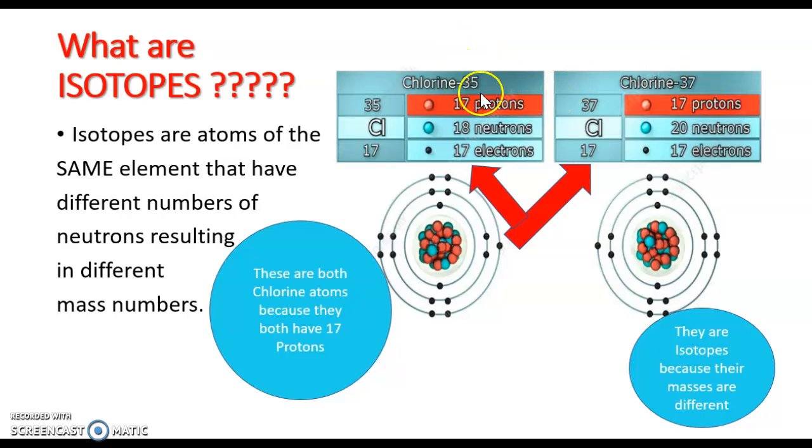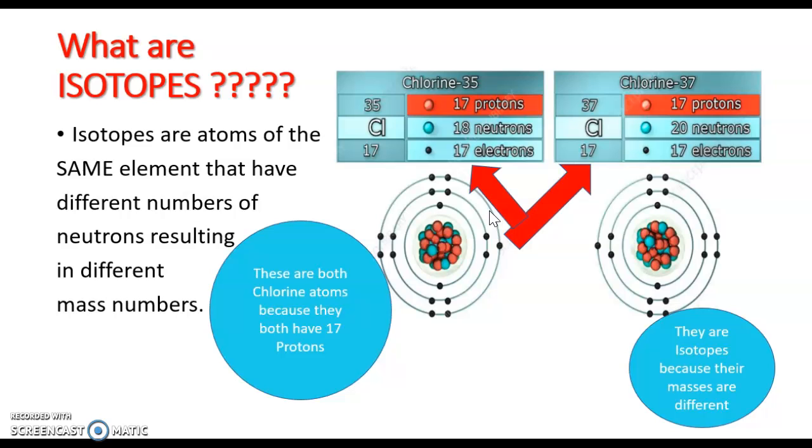If you don't see a number, if all you have is the element's name, then you want to default to whatever's on your periodic table, take that average atomic mass, round it to the nearest whole number, which is the mass number, and then use that value.